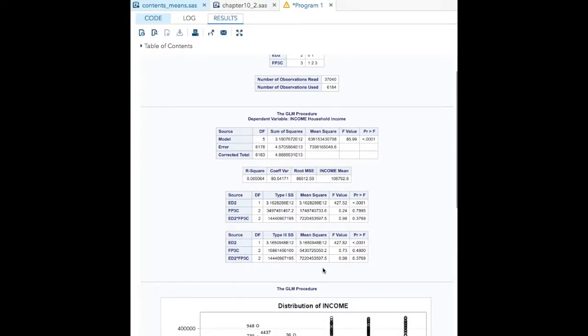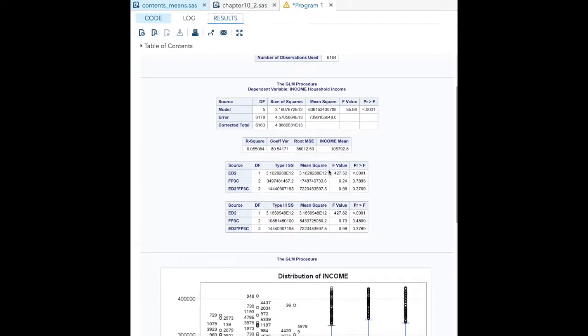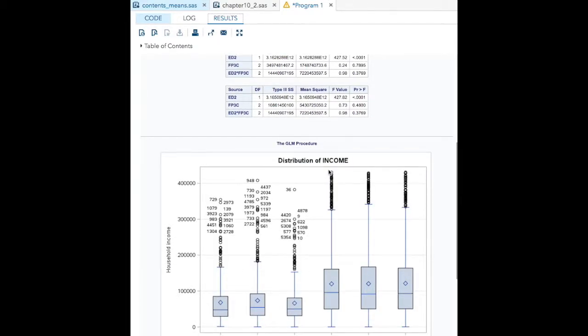I say mother, but I guess they don't all have children, but almost all of them did. So the literacy of the woman in the home is related to income, but how far apart you plan to space your children is not related to income. And whether you're literate or not, it's still not related to income. So my hypothesis was completely wrong.